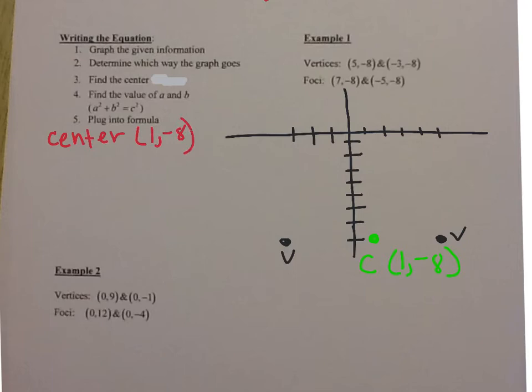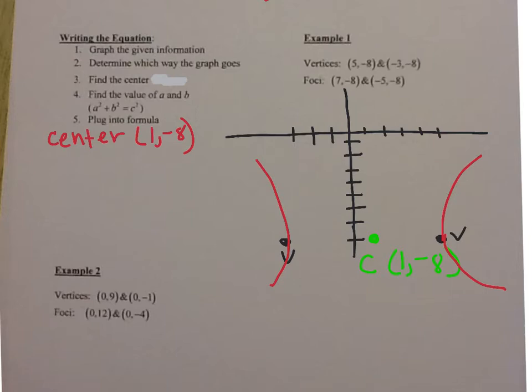All right, I need to determine which way it's going to open. Since my vertices are side to side, left and right, it's going to look like this. So that means my a should be underneath my x. So I'm going to put my x first.